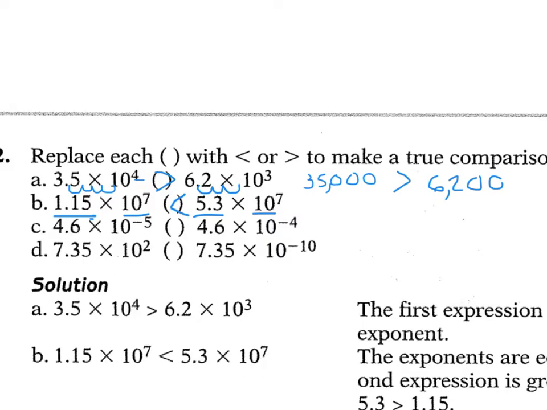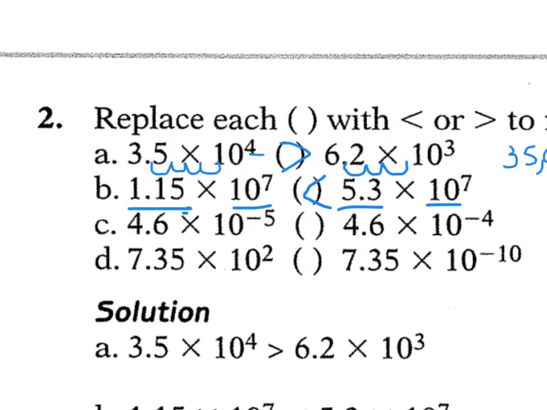So for C, we could rewrite this again. We're moving our decimal to the left now since our exponents are negative. So we would move this to the left 5 places. So 1, 2, 3, 4, 5. And our new decimal is there. Now we need to fill all of these in with zeros.